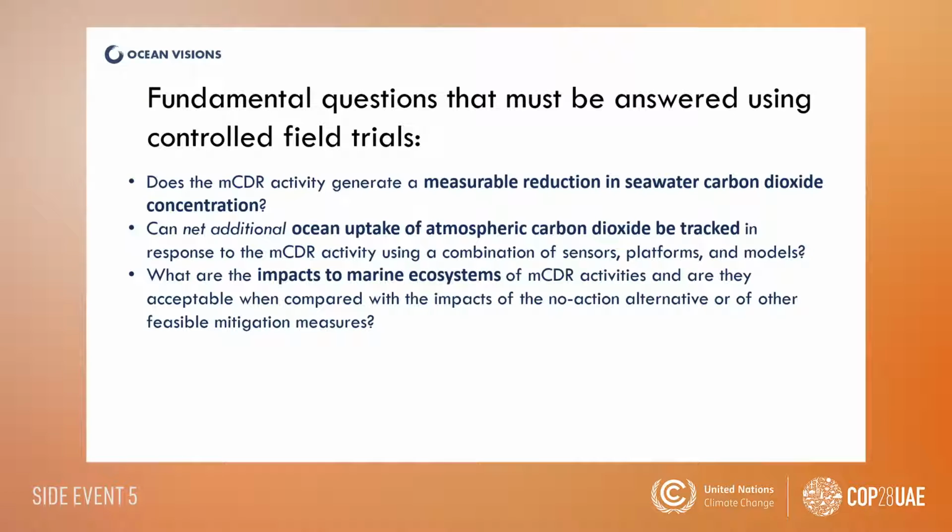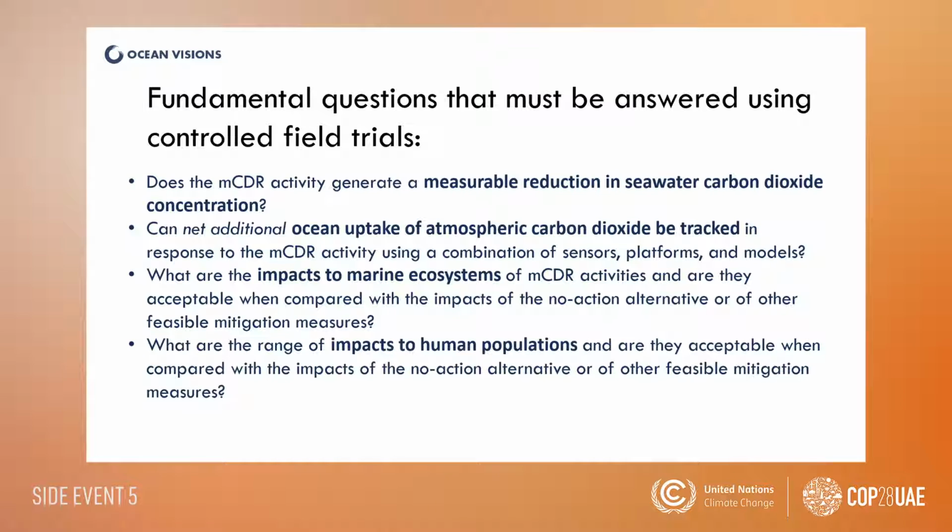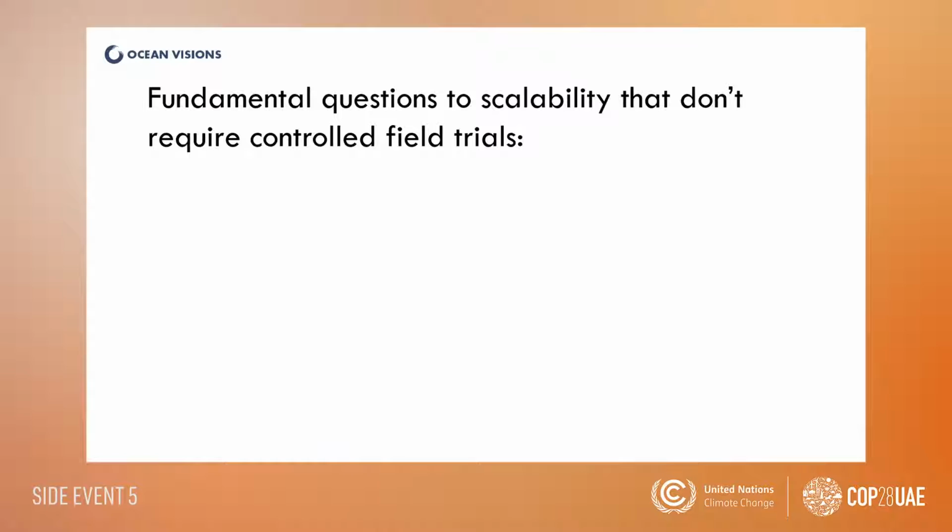What are the impacts to marine ecosystems of MCDR activities, and are they acceptable when compared with the impacts of the no-action alternative or of other feasible mitigation measures? And what is the range of impacts to human populations, and are they acceptable when compared with the no-action alternative or other feasible mitigation measures?